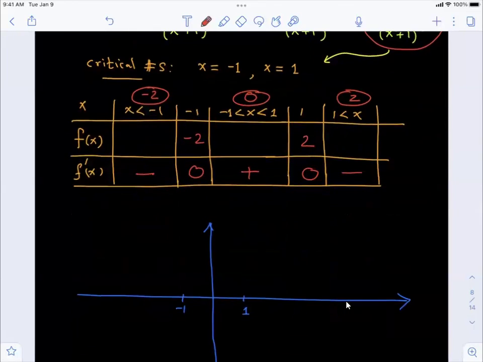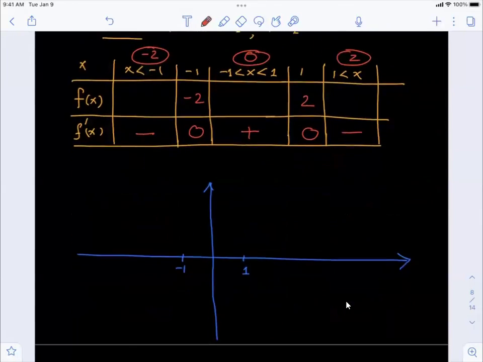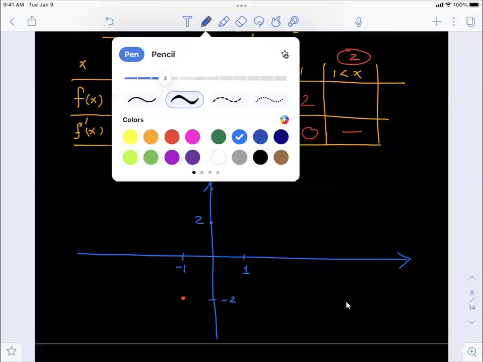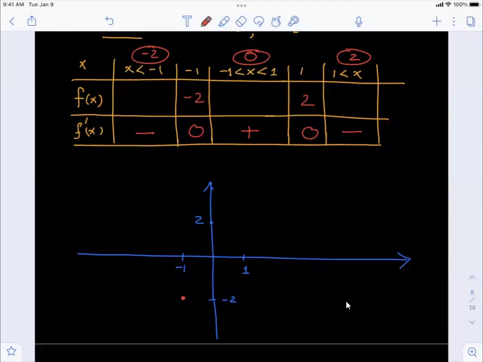Now, let's try to plot this graph roughly. X coordinate and the y coordinate given here. So x is -1, y is -2. So I'm going to put that value here. Let's employ blue. And right here, 2 is going to correspond to the y coordinate when x equals 1.